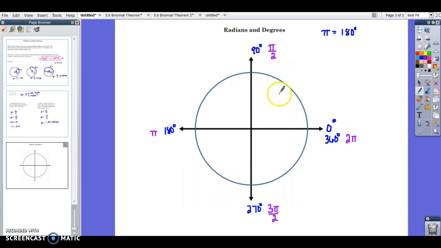But think about this for a second. If I divide 180 into 4 equal parts, so if I did 180 divided by 4, that would be 45. So 45 degrees, right, that's halfway between 0 and 90. So 45 degrees would be there.